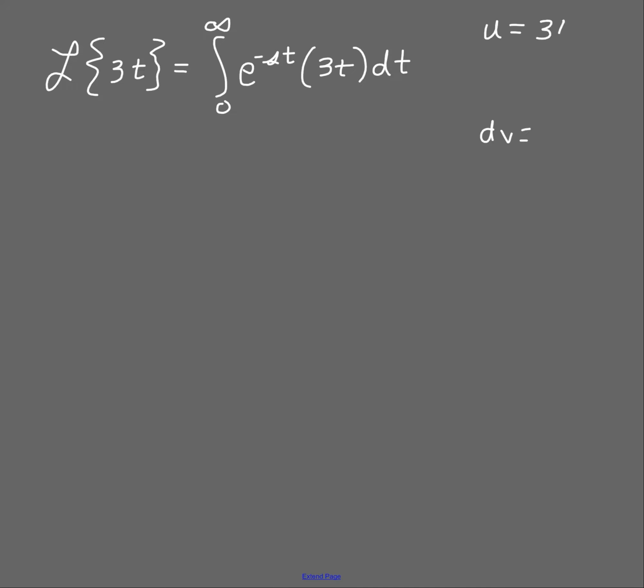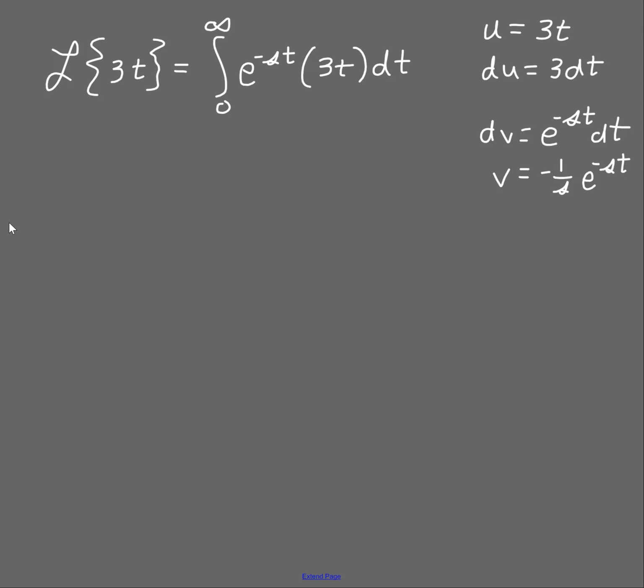So I'm going to choose 3t. When I take the derivative, it simplifies to a constant, 3 dt. That means dv is going to be the rest, e to the negative st dt. And I need to find the antiderivative of that, so that would be negative 1 over s e to the negative st.